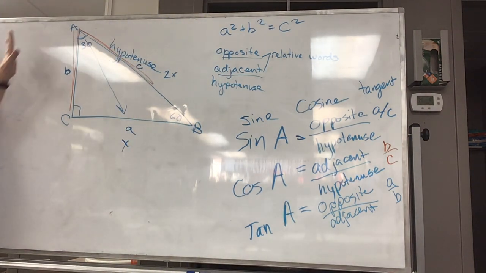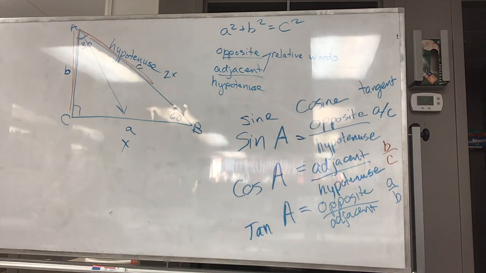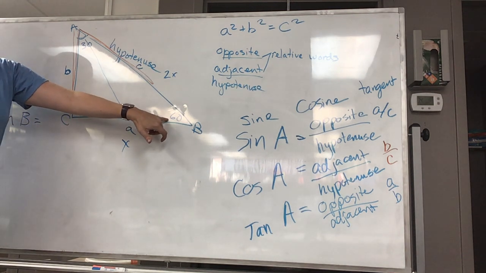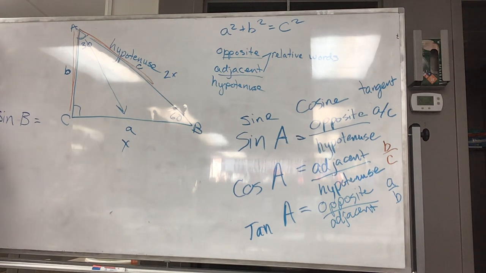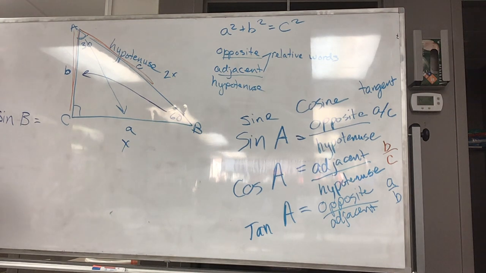So, if we have this setup, the most confusing but important thing to talk about is, let's switch thoughts for a second. What is the sine of B? Here's B. What is opposite B is the little b.